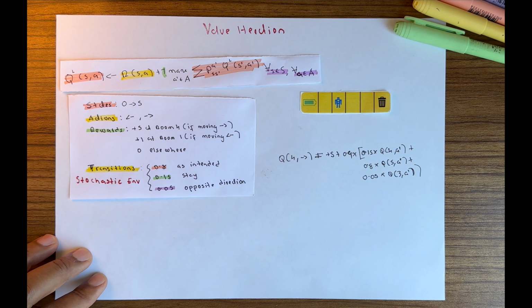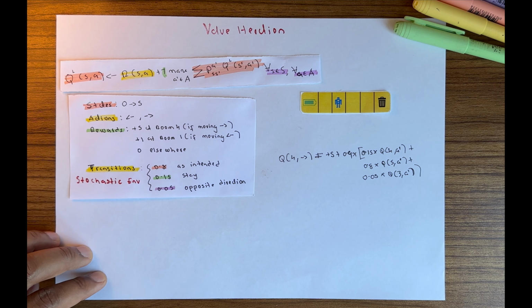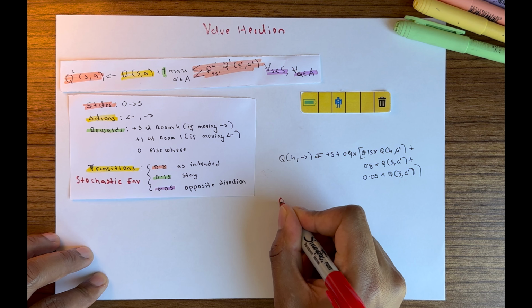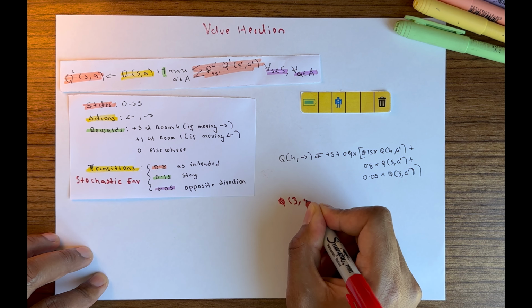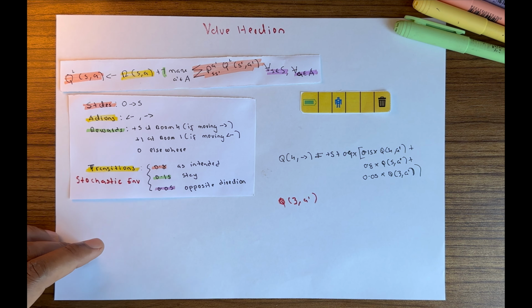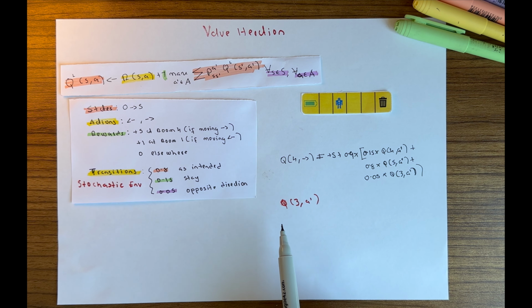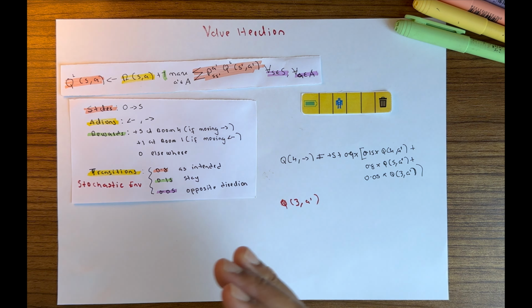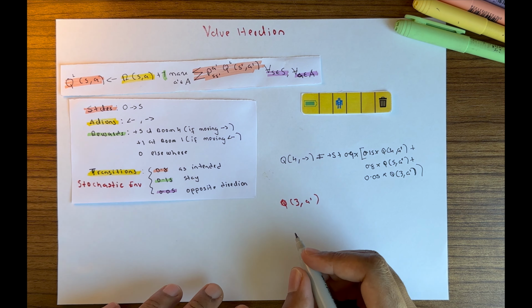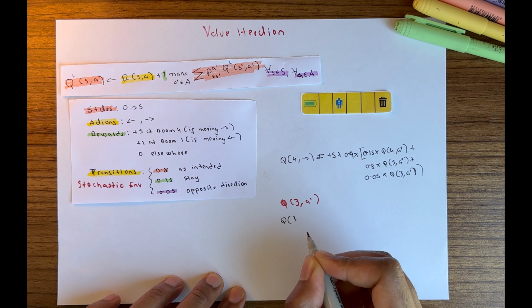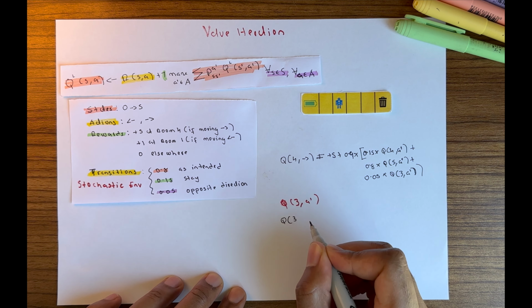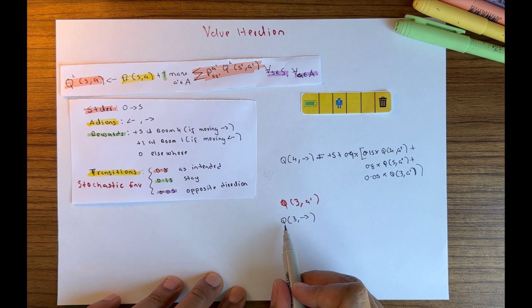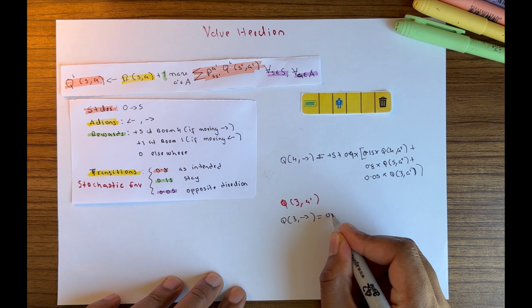Now let me show you how to compute this max Q of 3, a prime, for example. What does it actually mean? It means pick the best Q value at state 3 over all possible actions. So at state 3, the agent can go right, and let's say the Q value of that is 0.6.